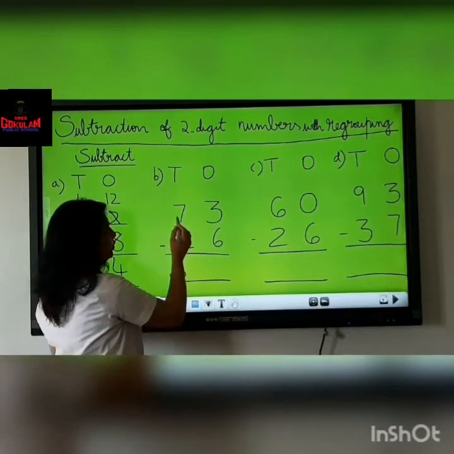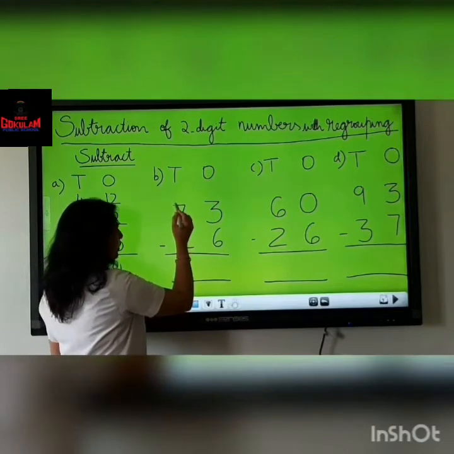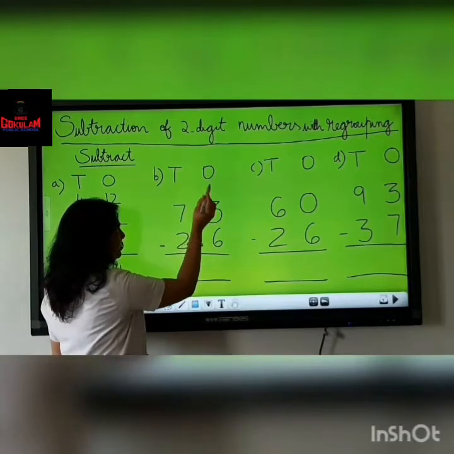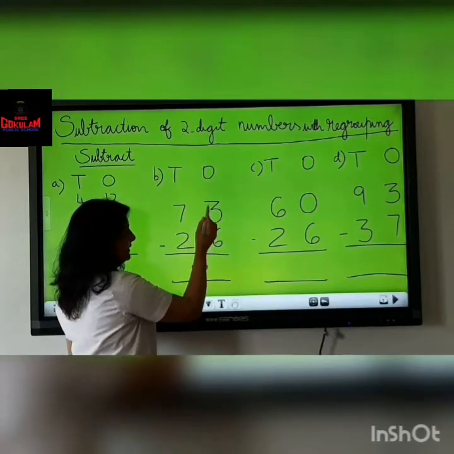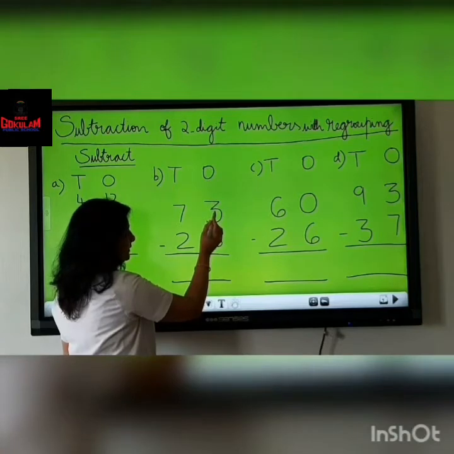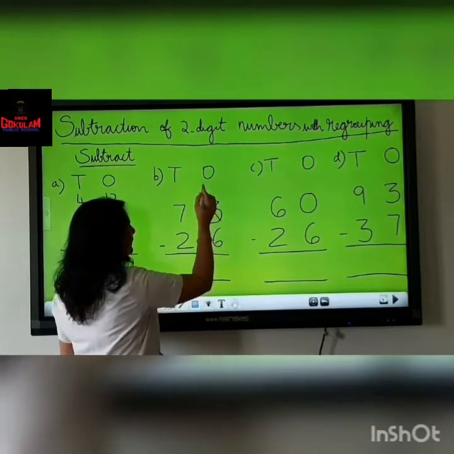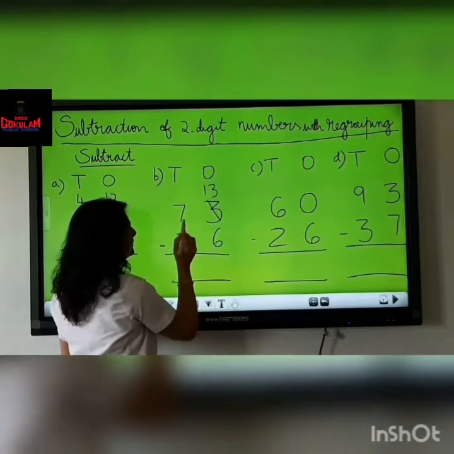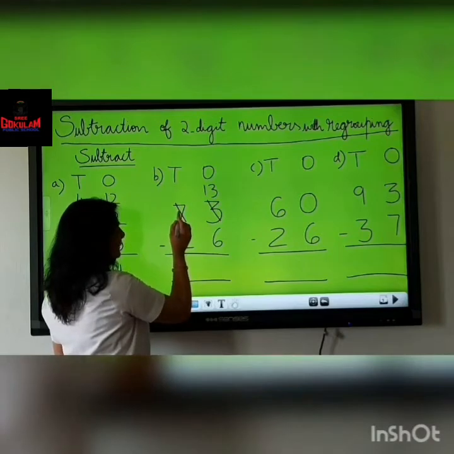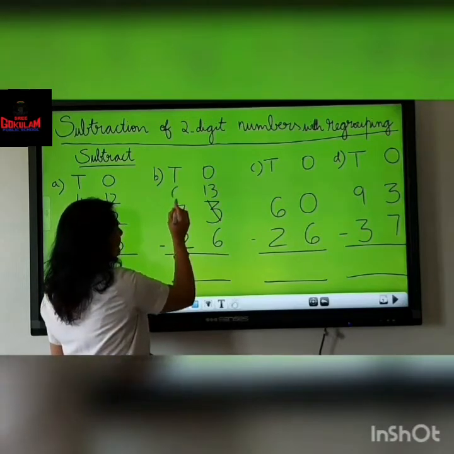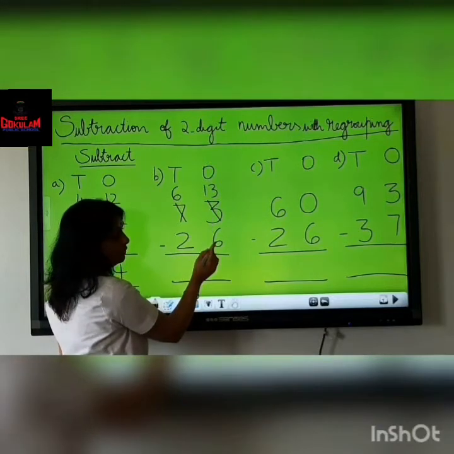So, we will borrow 1 ten from the tens place to the ones place. 1 ten means 10 ones. 10 ones plus this 3 ones. 10 plus 3 is 13. So, now we will have 13 ones, and in the tens place we have only 6 tens. 7 minus 1, 6.